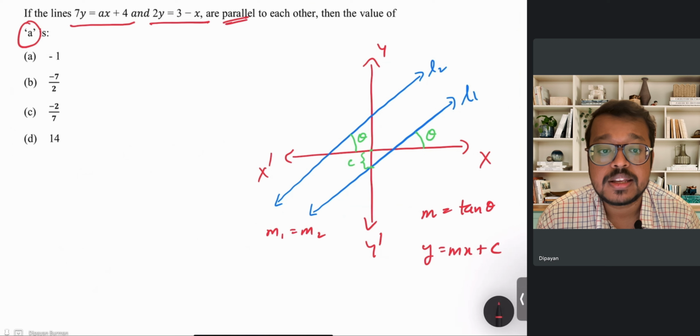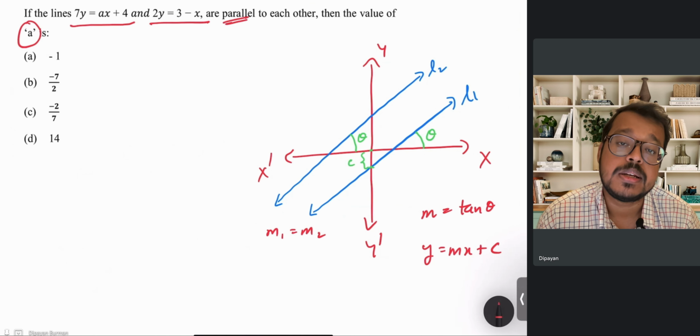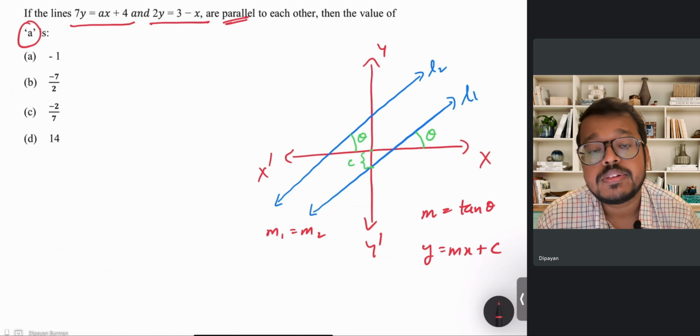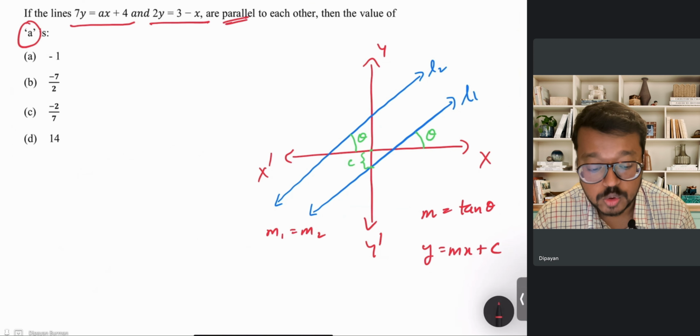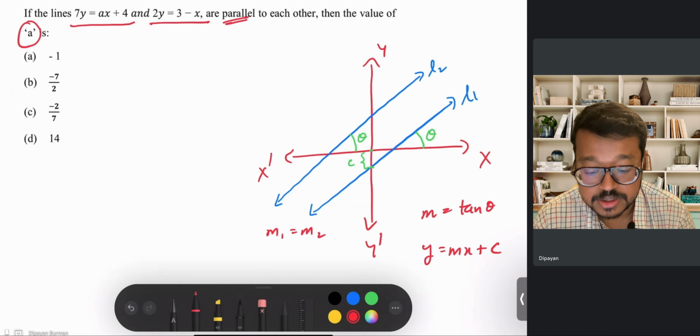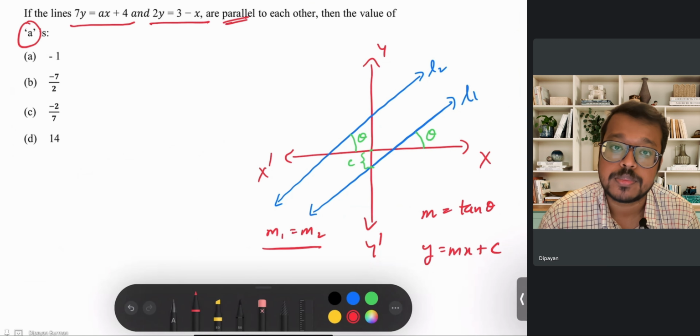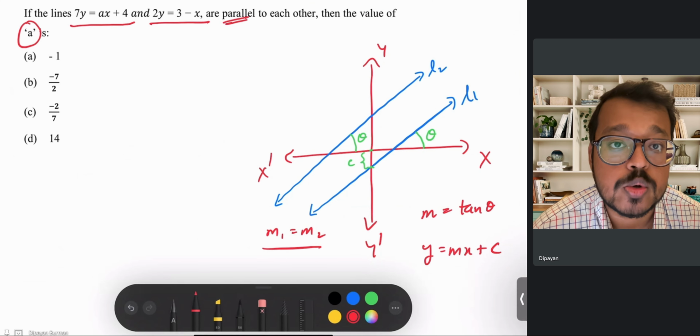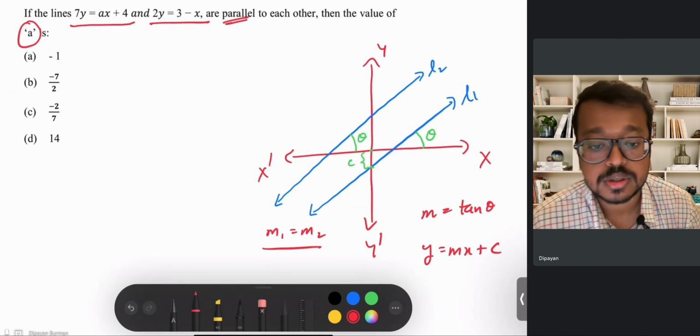And if I say that the lines L1 and L2 are parallel, then they will have the same inclination with the x-axis, let's say theta, and therefore they will have the same slope. So the slopes of parallel lines are equal, which I can say m1 equals m2, if m1 and m2 are the slopes of the lines L1 and L2.